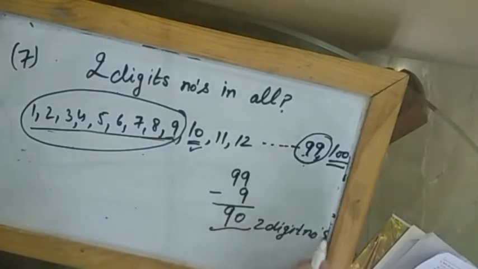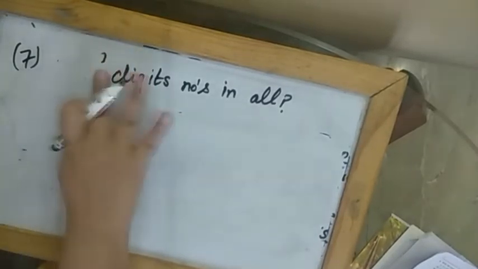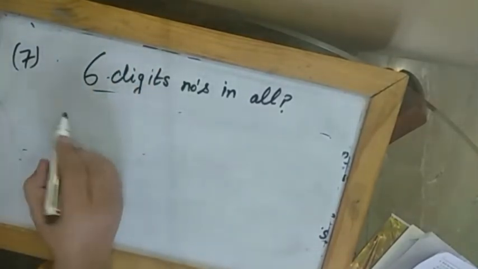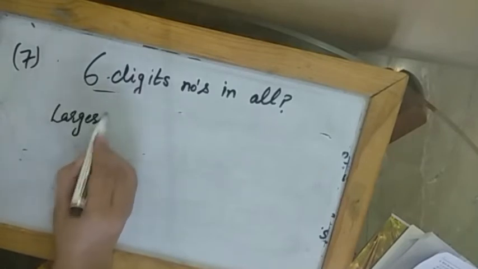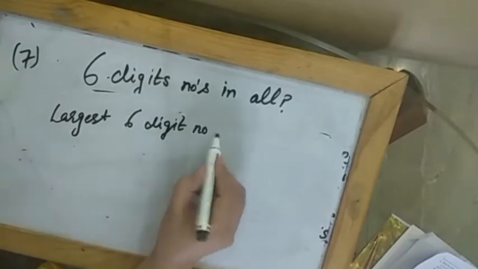But the question is, how many 6-digit numbers are there in all? In order to get the answer, I will write the largest 6-digit number. What is the largest 6-digit number?